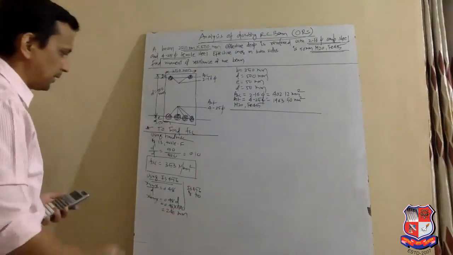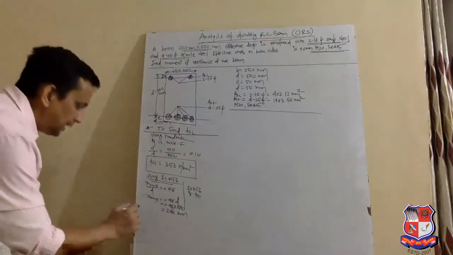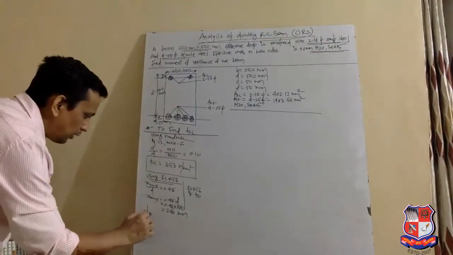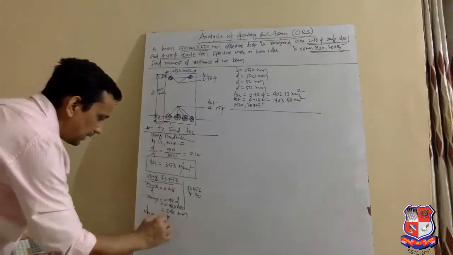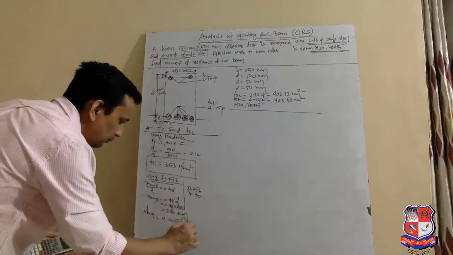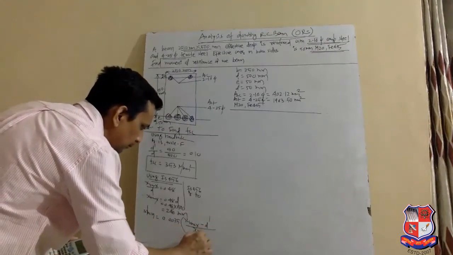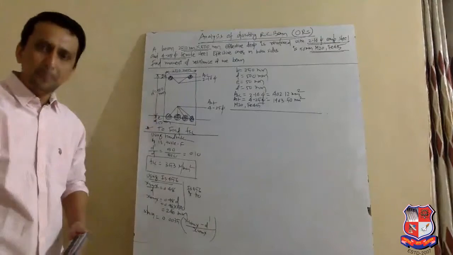240 mm. After finding the value of Xu max, we need to find the value of strain, and its equation is 0.0035 into Xu max minus d dash upon Xu max.